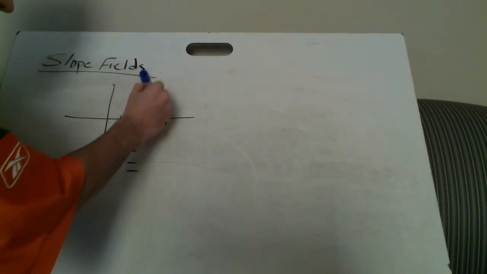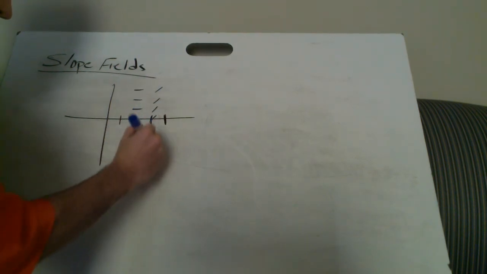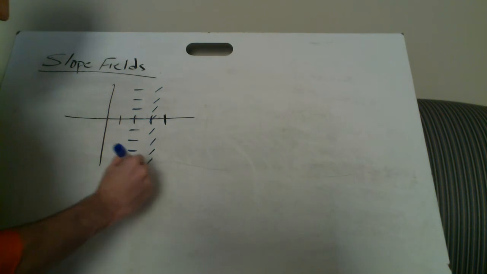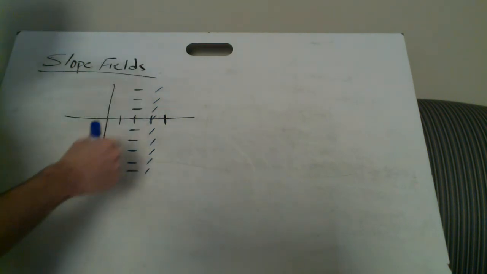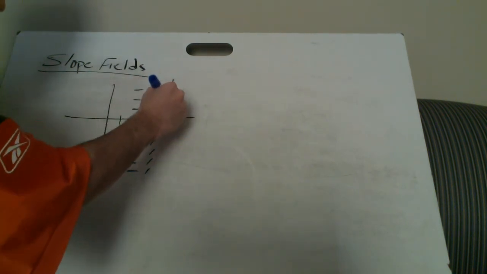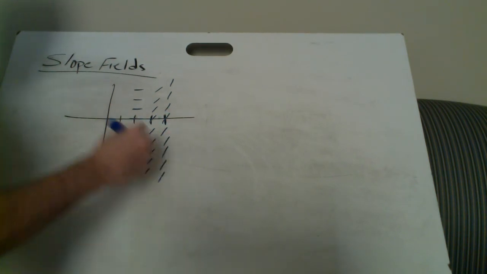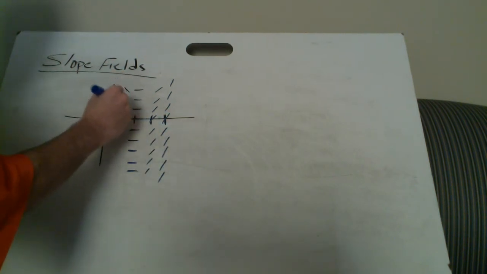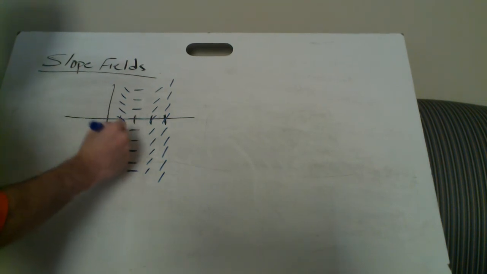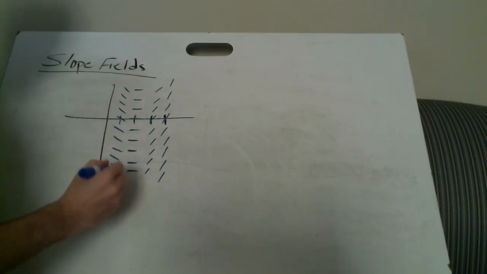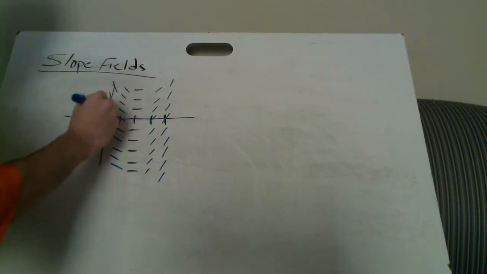And then the slopes turn this way, positive, and then even more positive as we move along the x-axis. They're negative to the left of 2, and then even more negative as we move along the x-axis.